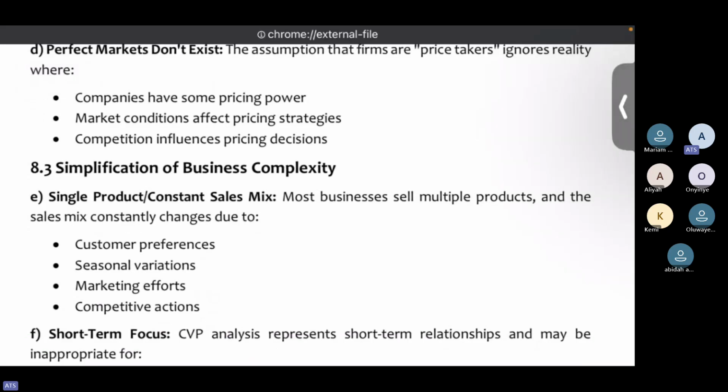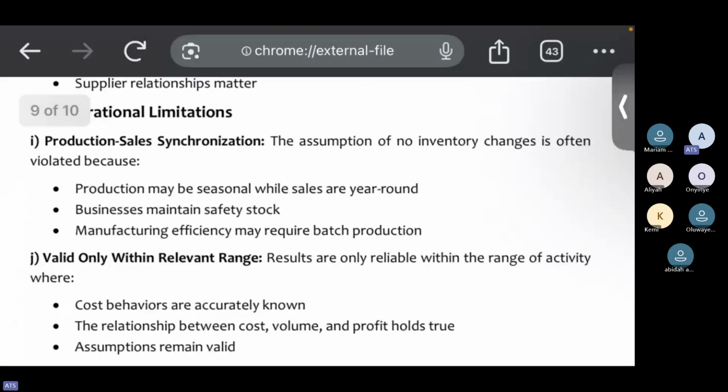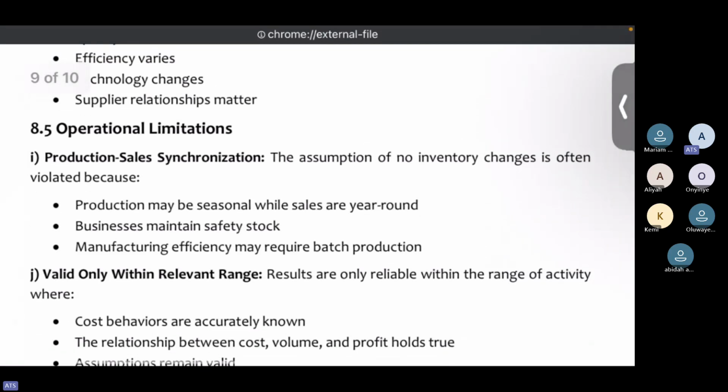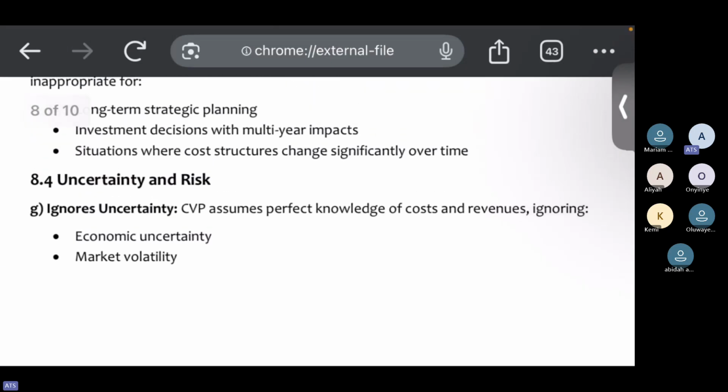As I said, you are saying there is no inflation and things like that, but that's not always true, right? And then there are operational limitations which are not taken into account by CVP analysis.